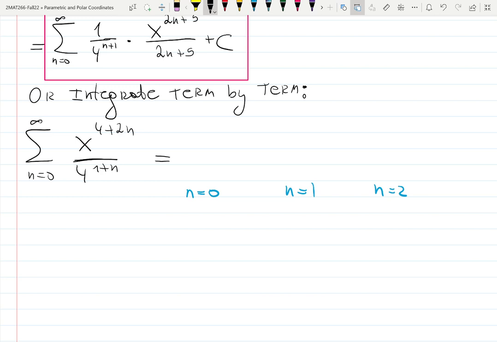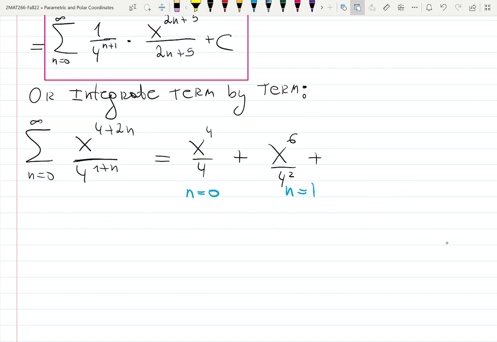So when n is 0, it will be x to the 4 over 4. Agree? Right? When n is 1, it will be x to the what? 6 over 4 squared.